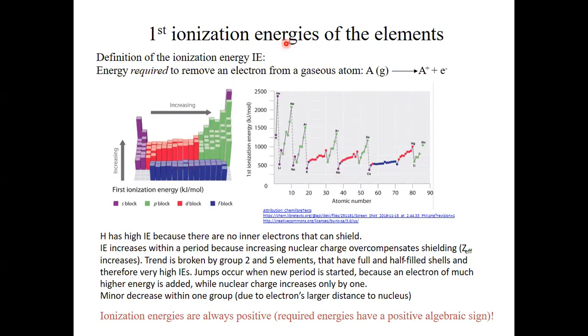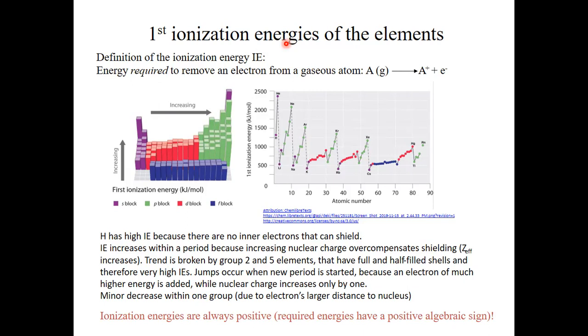Secondly, we should notice that ionization energy always refers to an atom in the gas phase, that means an atom which doesn't make any interactions with its neighbors. So we always look at an isolated atom when we talk about ionization energy.